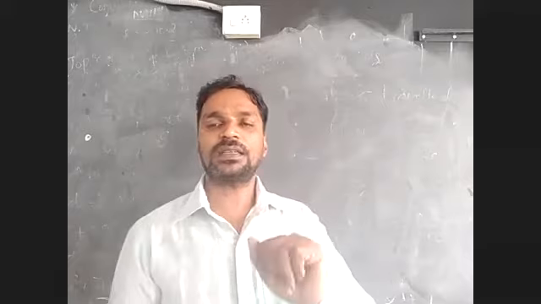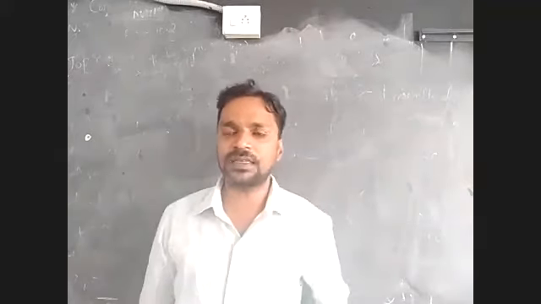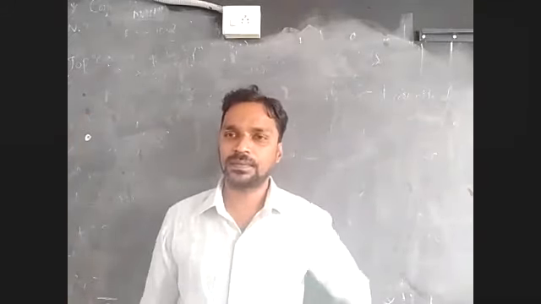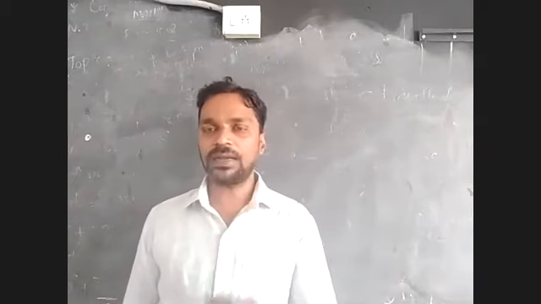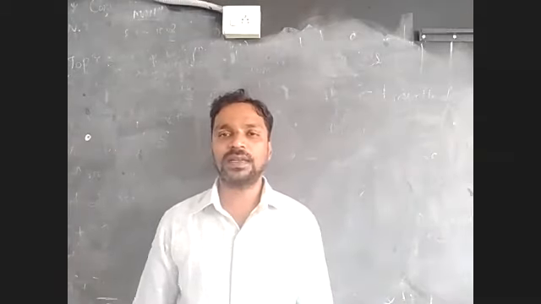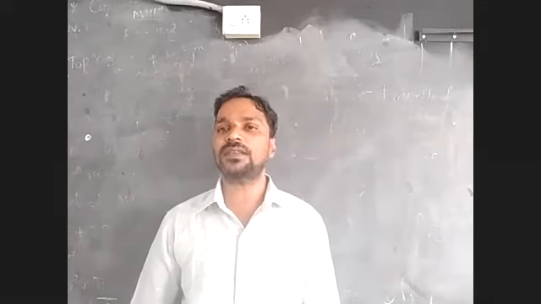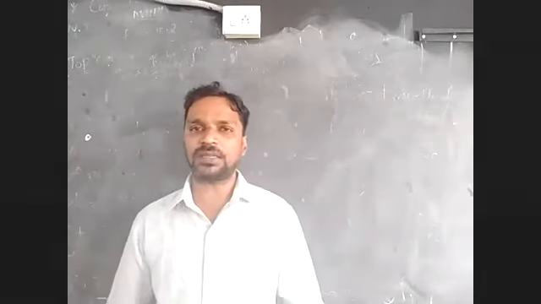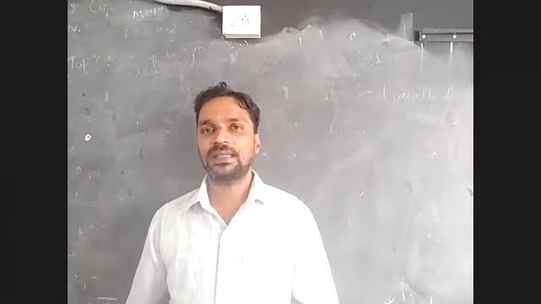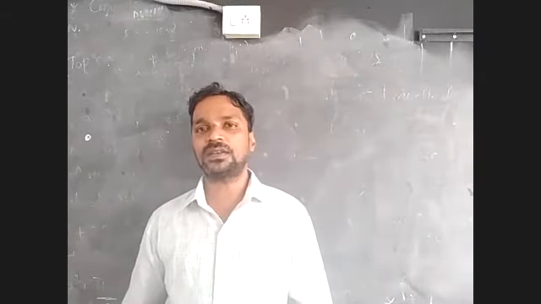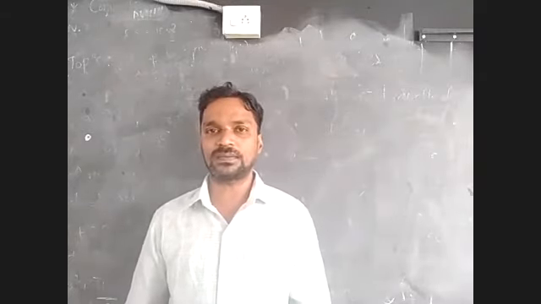Now we have discussed two types of circuits, factors affecting, that is IIT. We have completed up to two types of circuits. One is series combination of circuits, and the second one is parallel combination of circuits.